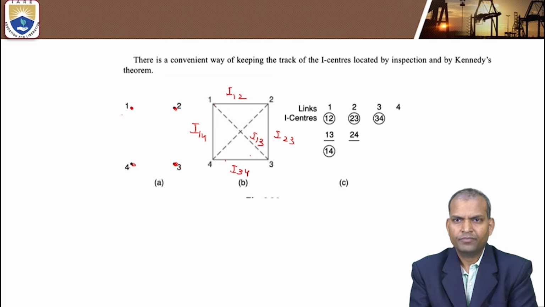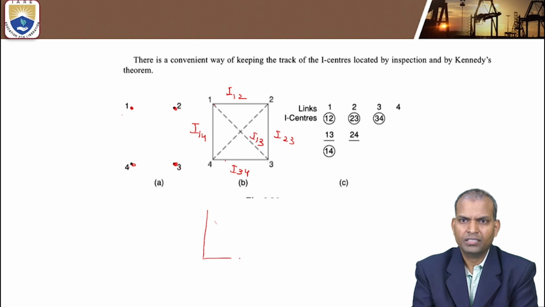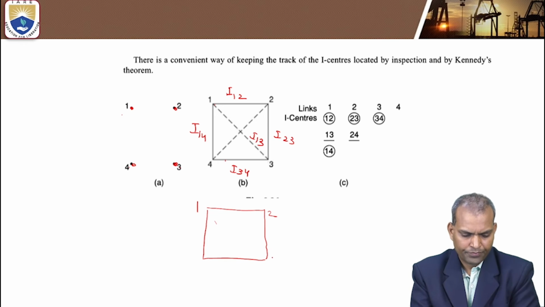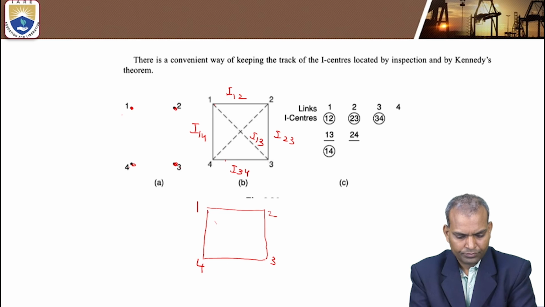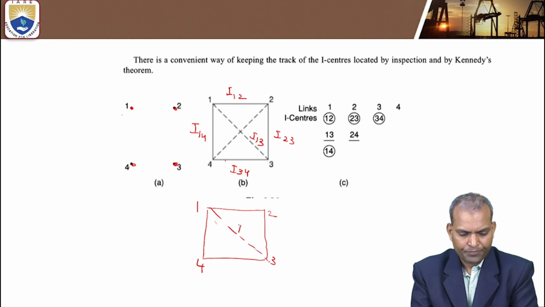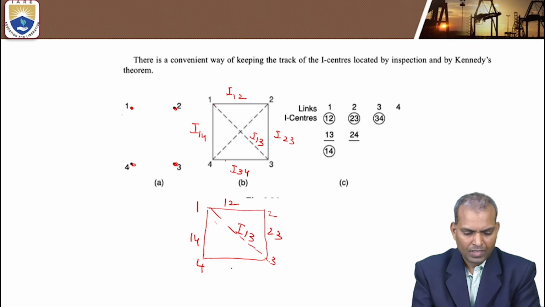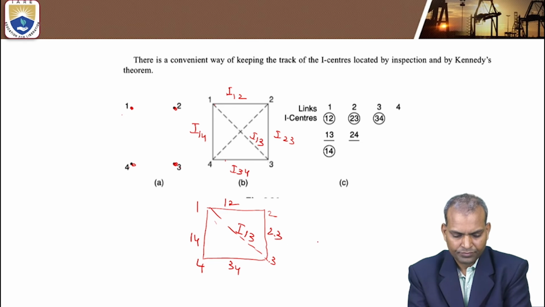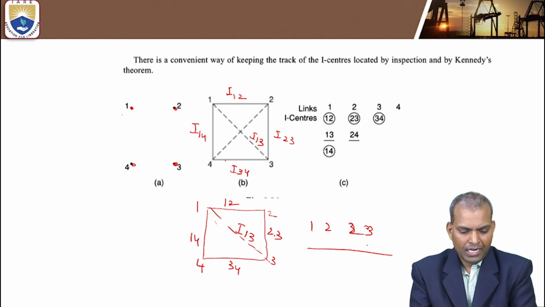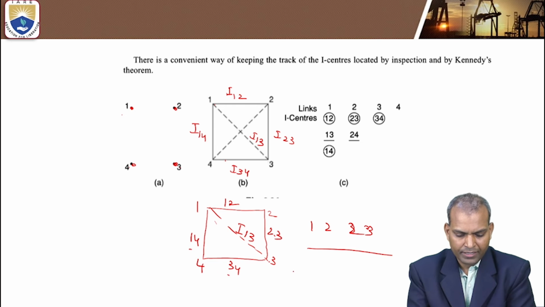This I13 I am drawing here. I13 comes by extending the line through the I centers of 1,2 and 2,3 in a straight line, and the 1,4 and 3,4 straight line.